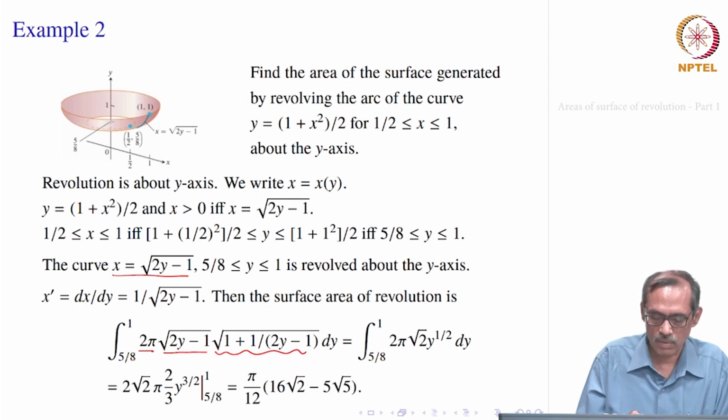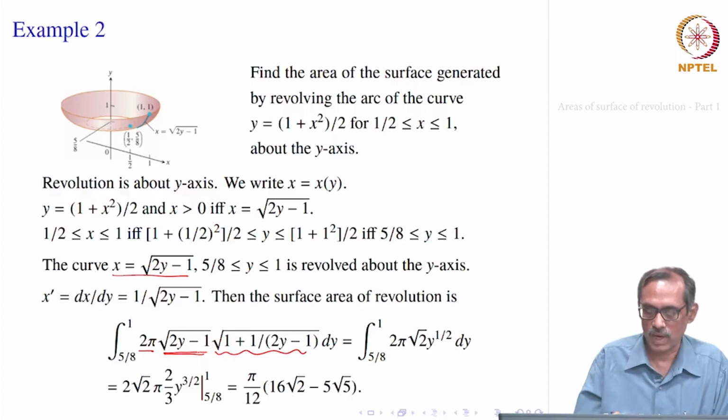Therefore, the surface area will be the integral from 5 by 8 to 1 of 2 pi g of y, which is the square root of 2y minus 1, times the square root of 1 plus x prime squared, which is 1 divided by (2y minus 1).